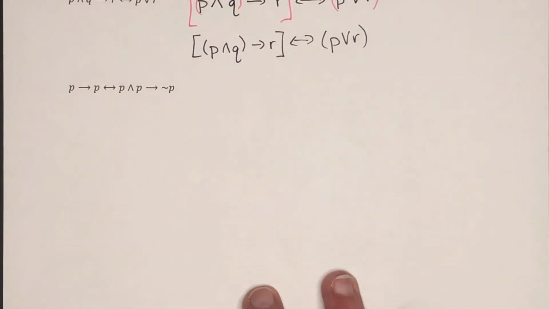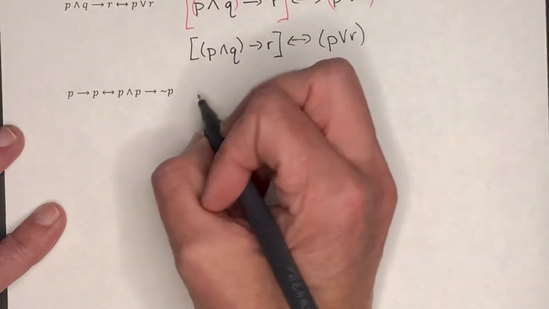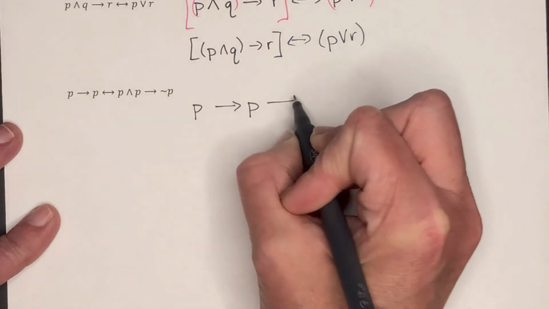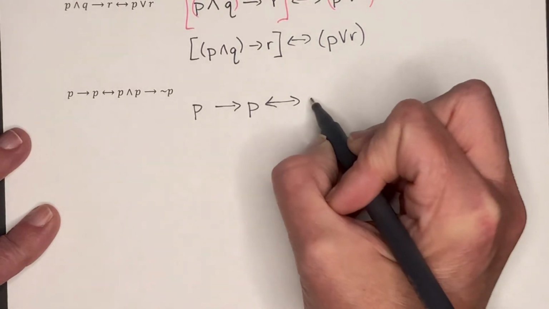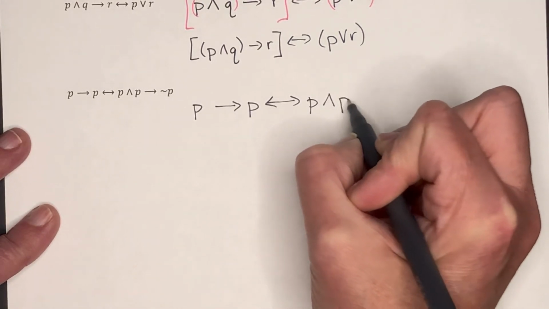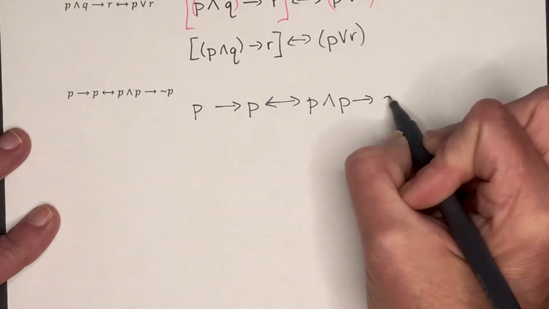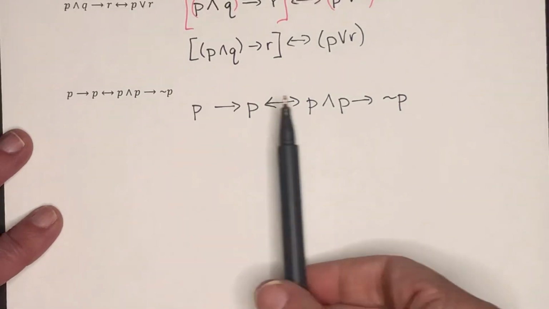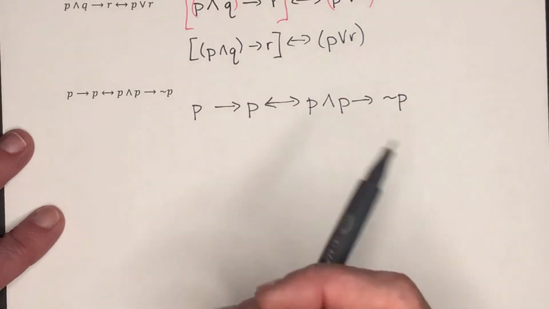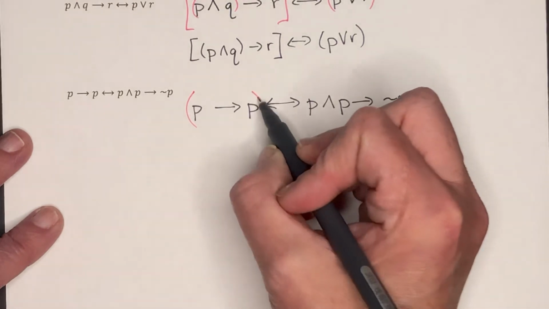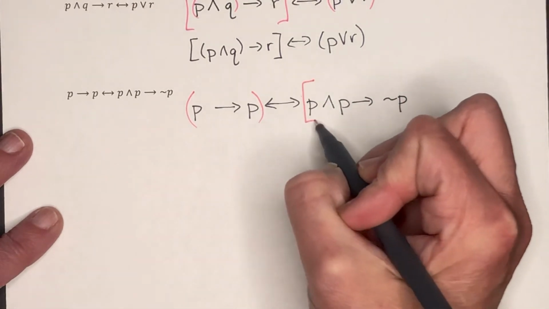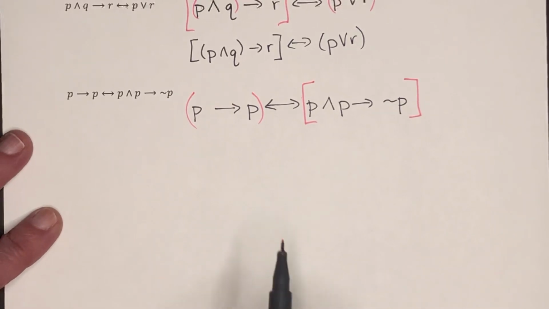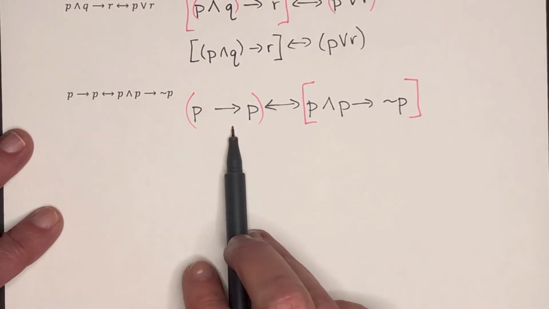Okay, and then this last one. Okay, so I look for my dominant connective, which is this biconditional. So I'm going to group these two together and then these three together. So this is already as simple as it's going to get.